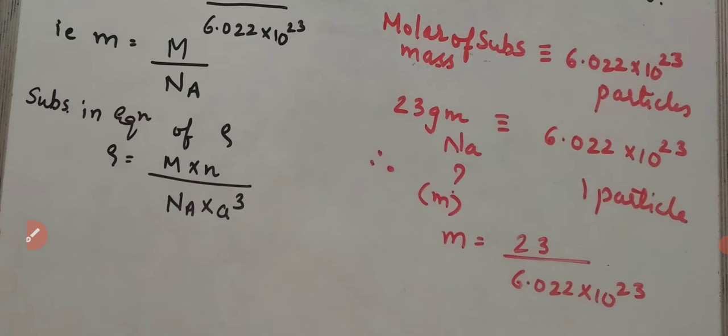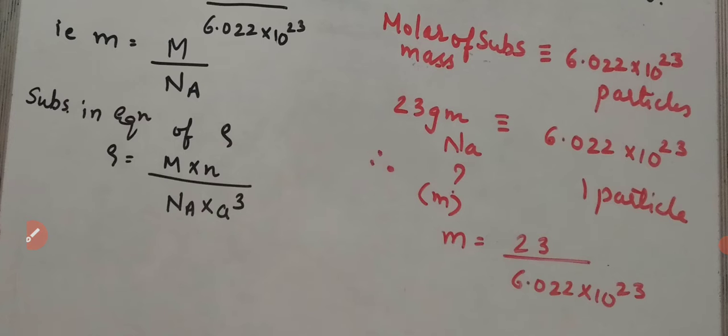That is, mass of one particle small m is equal to molar mass capital M upon Avogadro's number. Hence, I get the formula written with black ink here, that small m is equal to capital M, that is molar mass, upon Avogadro's number.